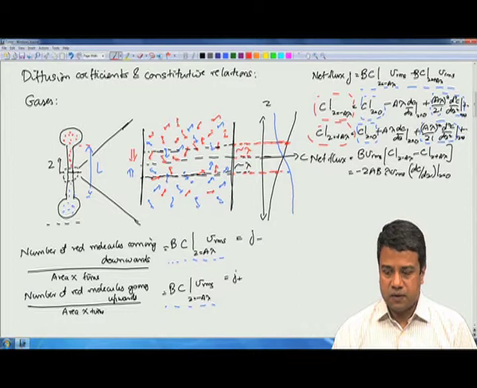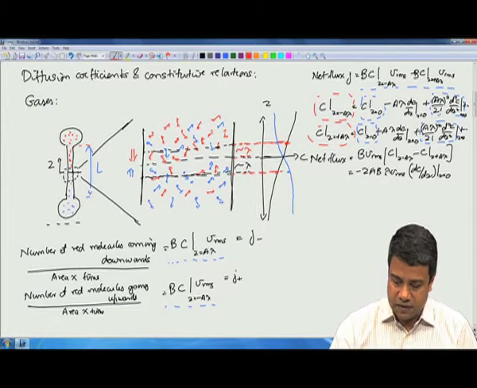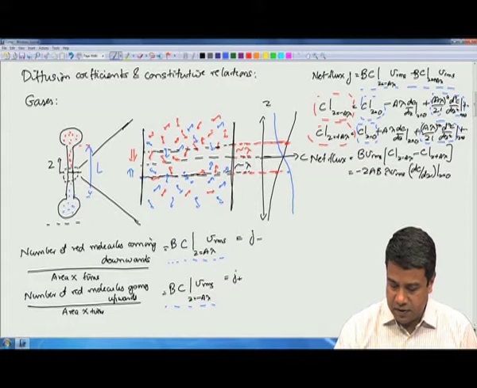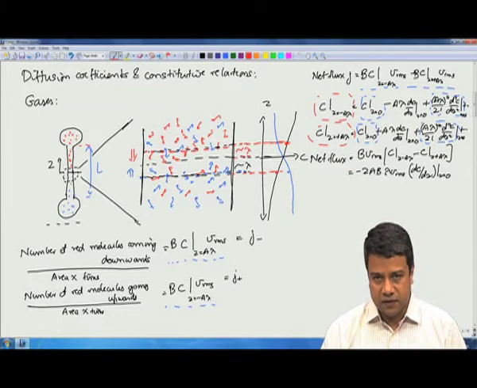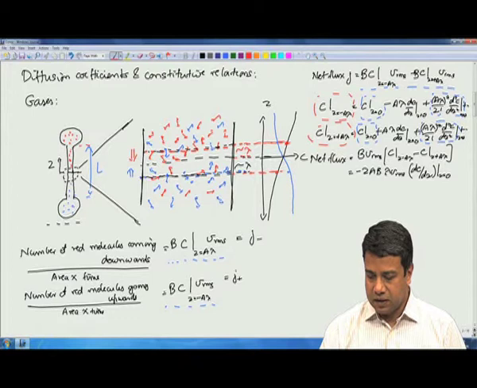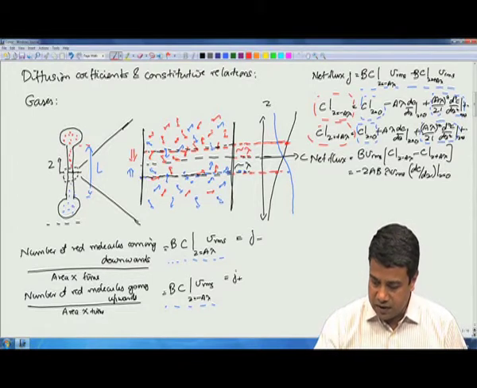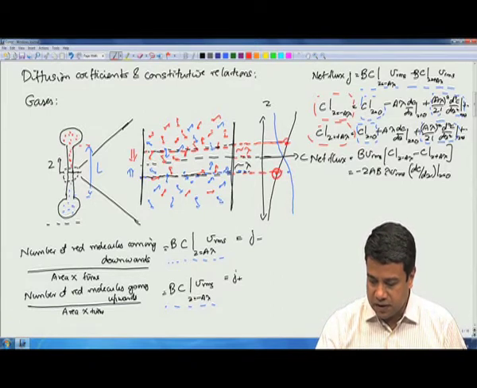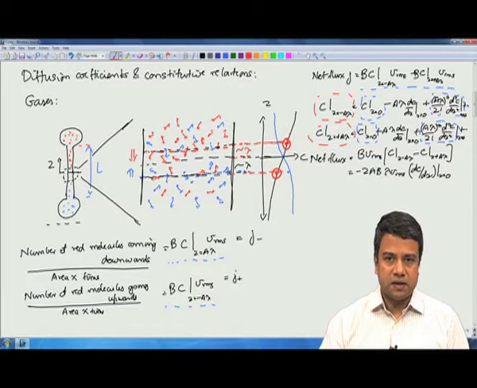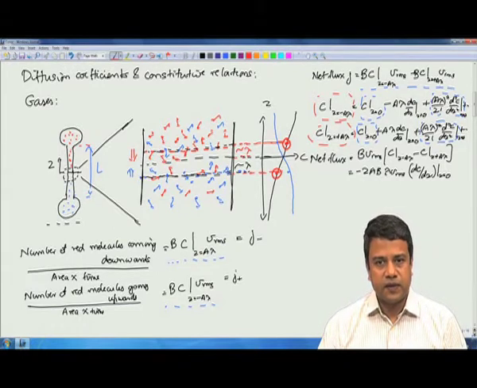The variation comes about because, in the case of gases, the molecules going upwards are coming from a location a little bit below the surface, whereas the molecules going downwards are coming from a location slightly above the surface. The concentration of the molecules at these two locations is different, and this results in a flux.